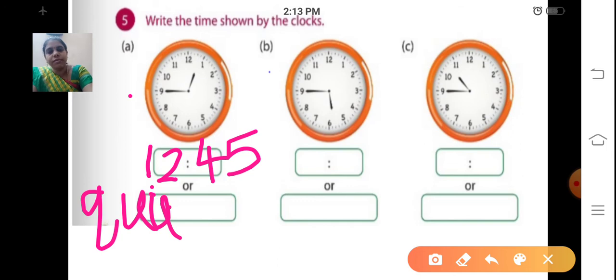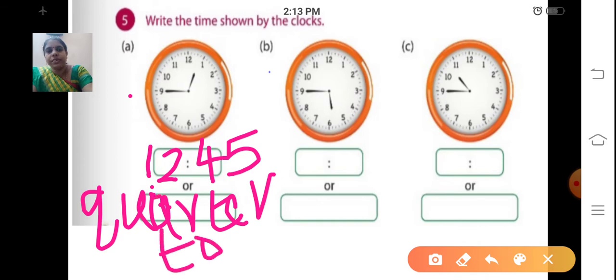Just see. Quarter, Q-U-A-R-T-E-R, quarter to 1. It is going to reach 1, isn't it? So it has fully crossed 12. So I'm writing 12:45, but it didn't reach 1.